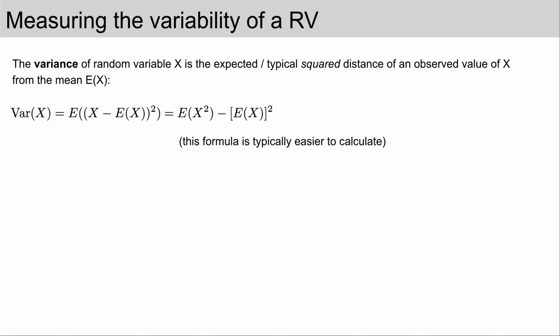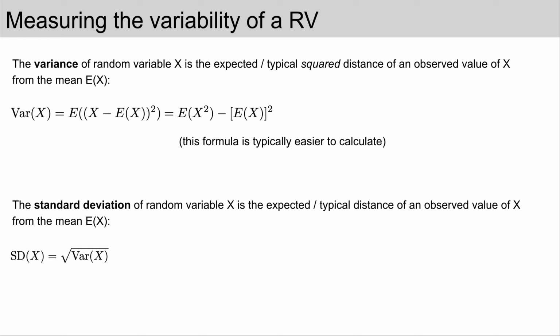We will also prove in class that we can rewrite the variance of x as the expected value of x squared minus the expected value of x quantity squared. Personally speaking, I find this statement of the variance to lose the meaning of the measurement, mainly the meaning of the variance as expected squared distances. But in most cases, this formula is easier to calculate.